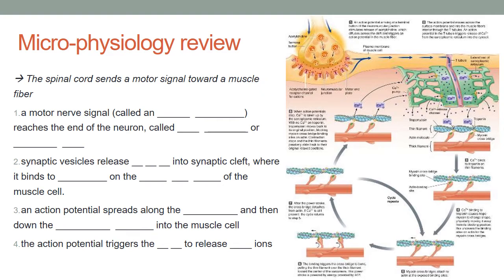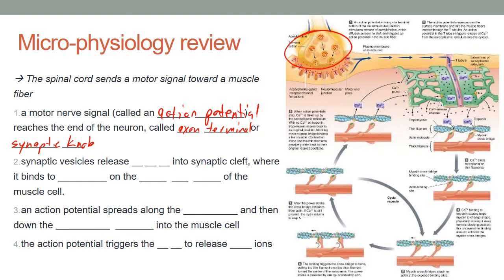A motor nerve signal, which is called an action potential, reaches the end of the neuron, which is called either the axon terminal or the synaptic knob, which is this thing right here.